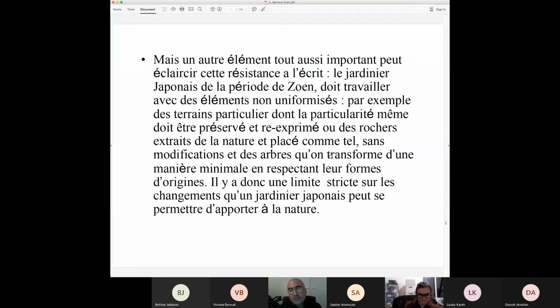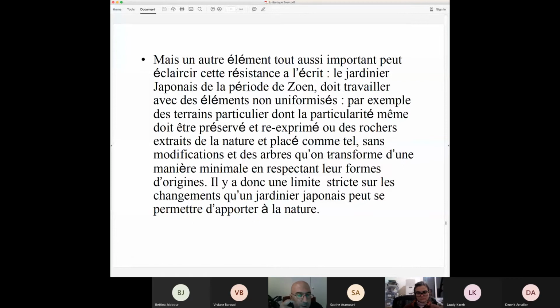The elements that he was using, like rocks, for instance, he could not modify them. And I'm going to show you what we mean by he could not modify them.